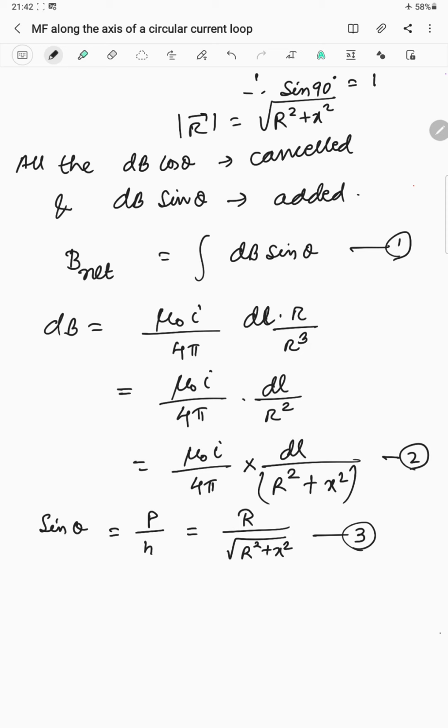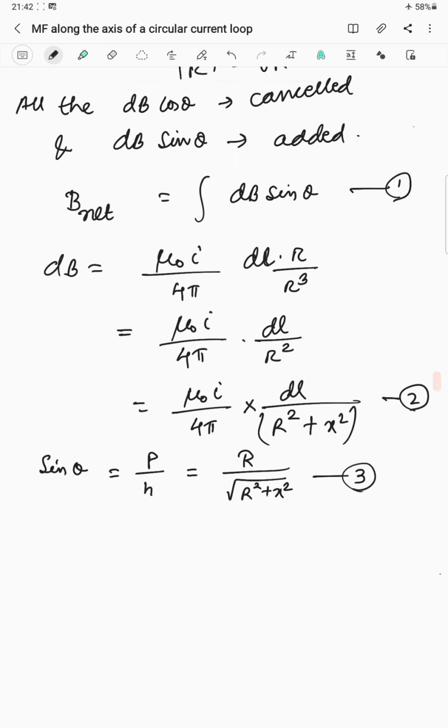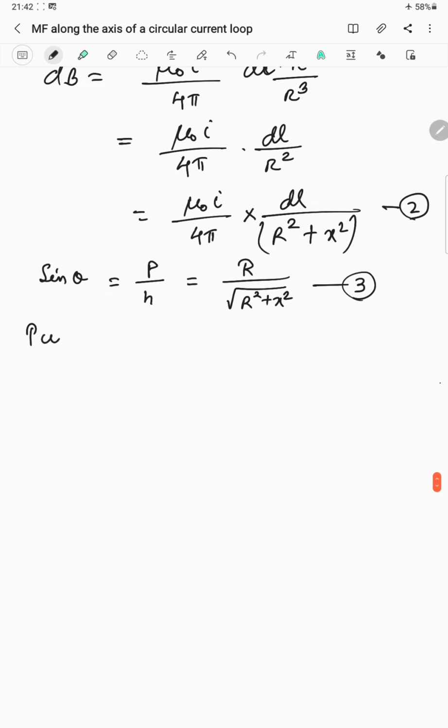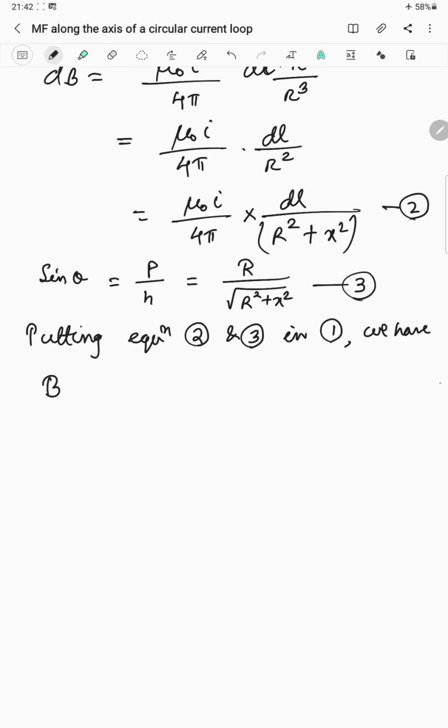Now putting equation 2 and 3 in 1, we have B net equal to the integration of, how much is your dB?